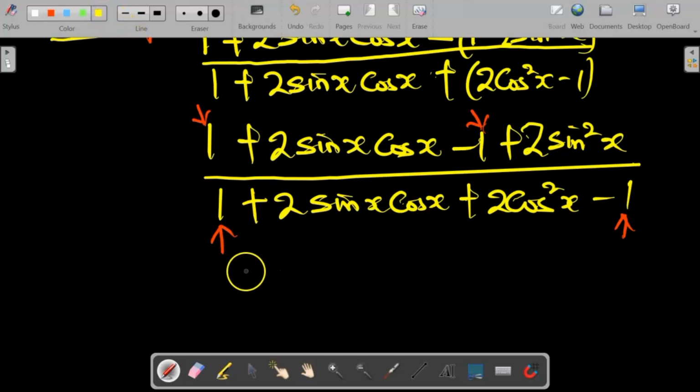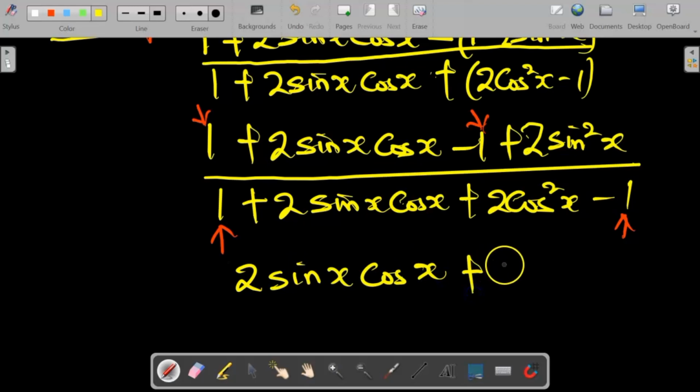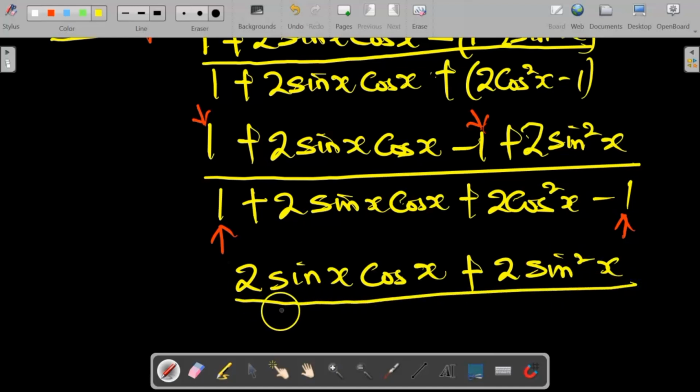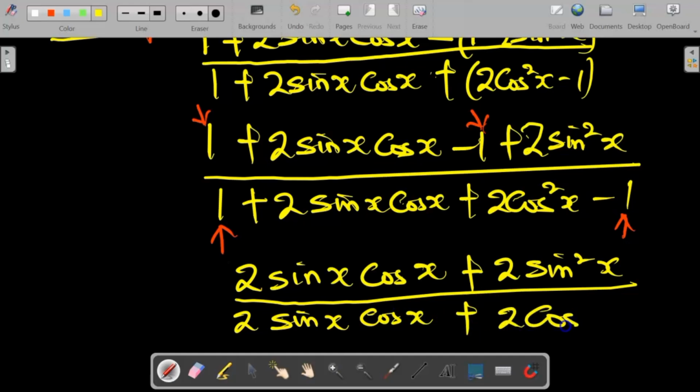So we are left with 2 sine x cos x plus 2 sine squared x, everything over 2 sine x cos x plus 2 cos squared x.